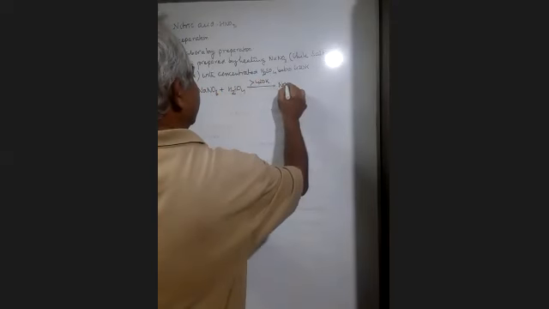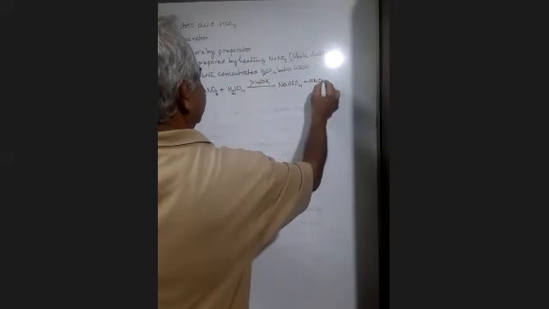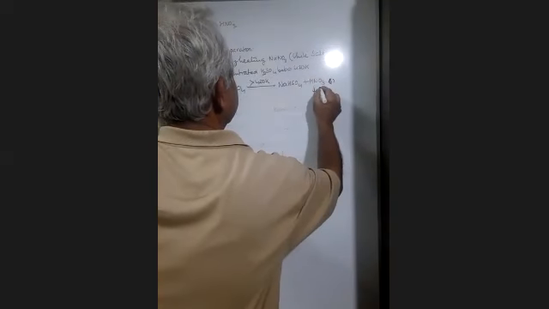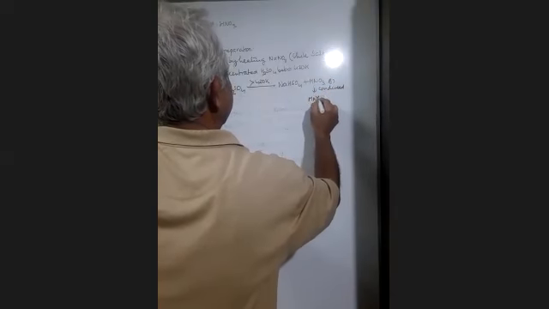You get here sodium hydrogen sulfate and HNO3 vapor. This vapor is condensed. Cool it, then you get nitric acid here. But we do not go for this one. We buy it from the market.